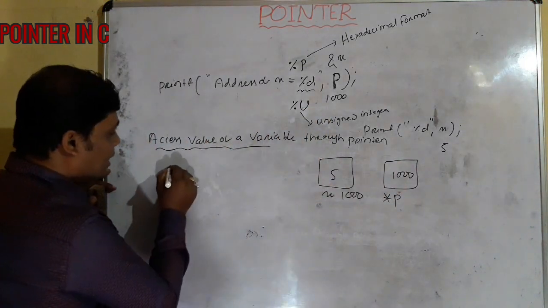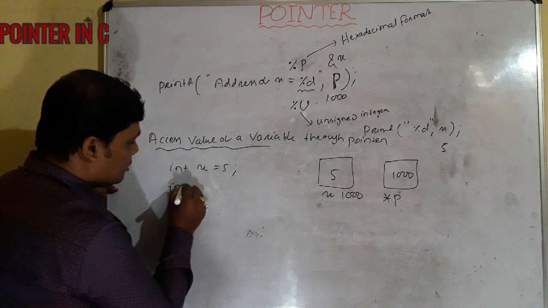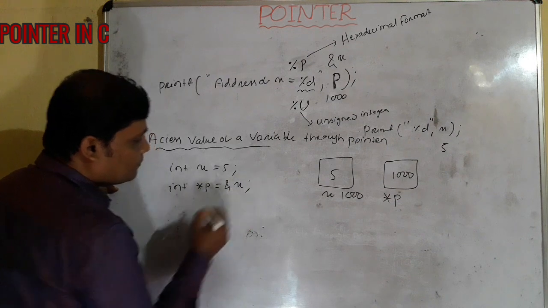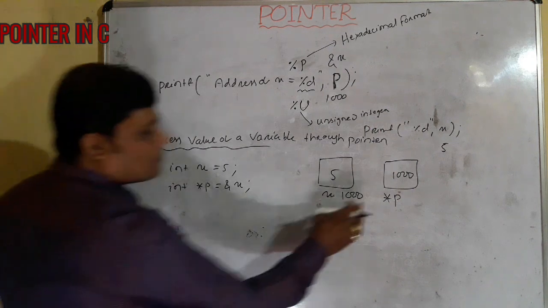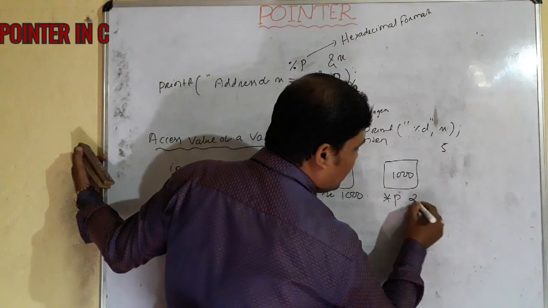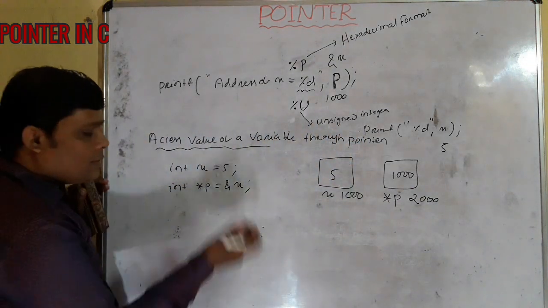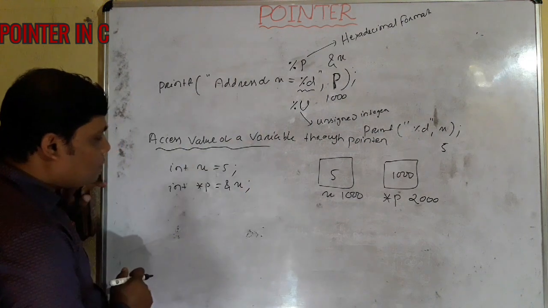So for this I will write what? int x = 5 and int *p = &x. Clear? And this p has some memory address, maybe 2000 I am taking. So how to access the value of a variable?